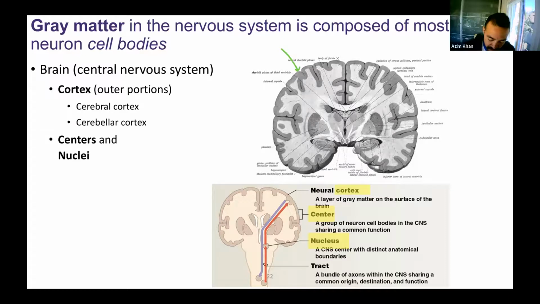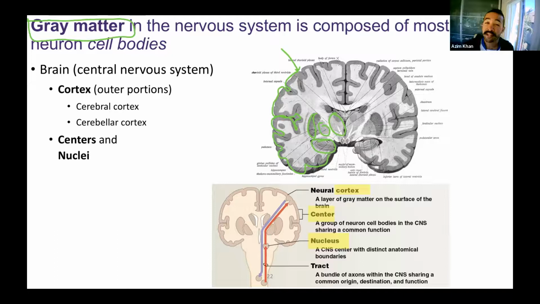Darker brain material towards the outside, as well as in some places towards the middle, like here, here, here, here. All of these areas are called gray matter. They're called gray matter because they're grayish. It's kind of like a darker pink in some cases.